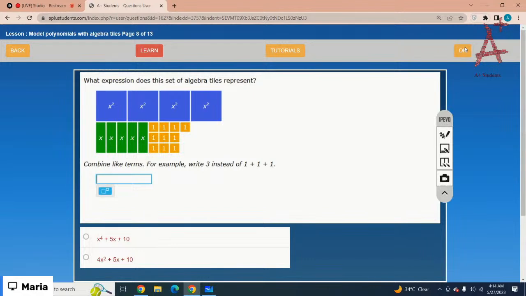Okay, what expression does the set of algebra tiles represent? It would be 4x square plus 5x plus 10. The correct option is 4x square plus 5x plus 10.